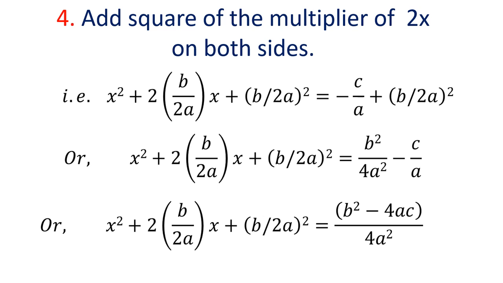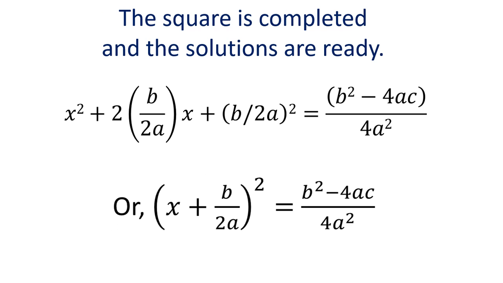So in this case m is x and n is b upon 2a. So x square plus 2 b upon 2a into x plus b upon 2a whole square is nothing but the expanded form of x plus b upon 2a whole square. So let us see now. So it becomes x plus b upon 2a whole square is equal to b square minus 4ac upon 4a square.